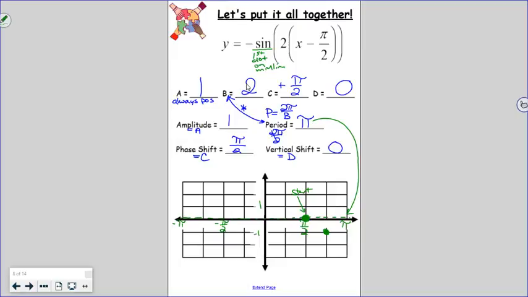Okay. Fill in from there, back to my midline, going the other direction, alternate above, midline, below, midline, above, midline. So where you started drawing with the blue period, this would have been your, just showing you that it took the graph that would have been here and shifted it right pi over 2.